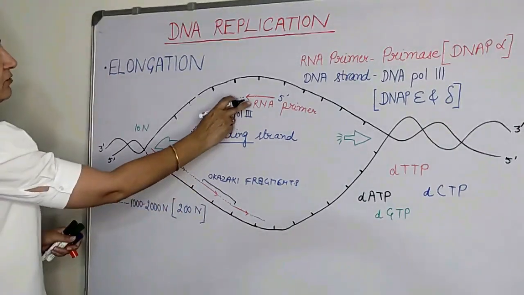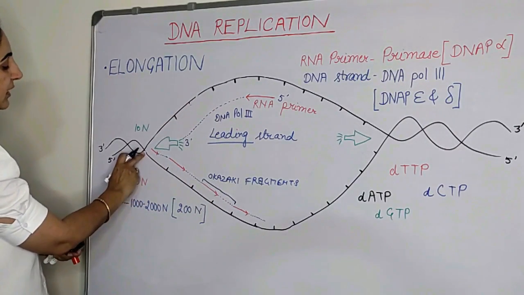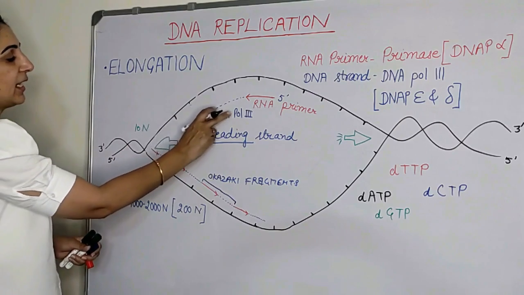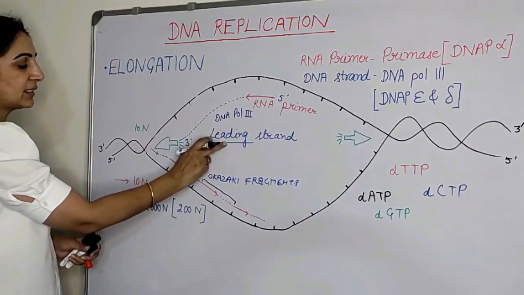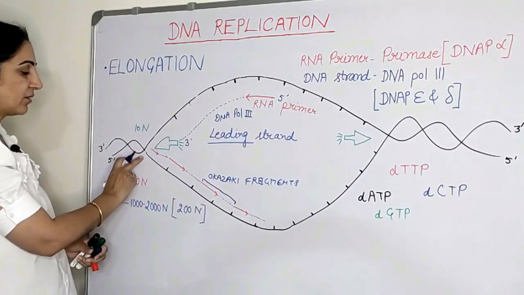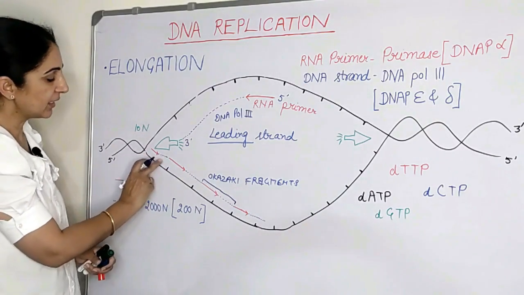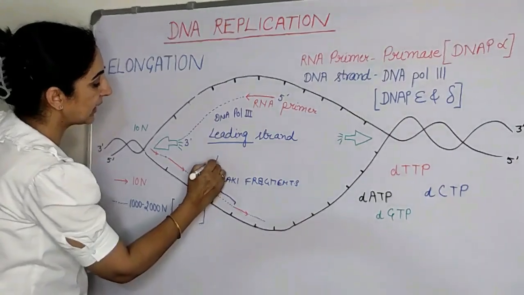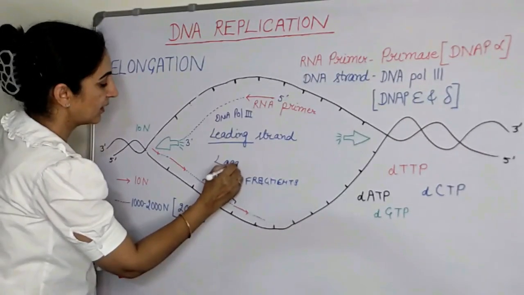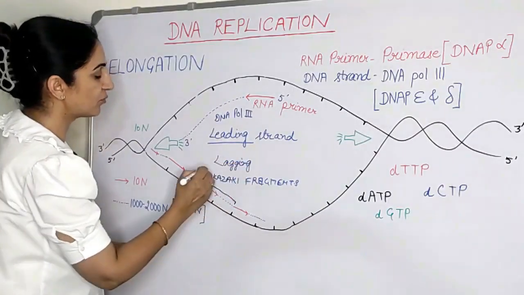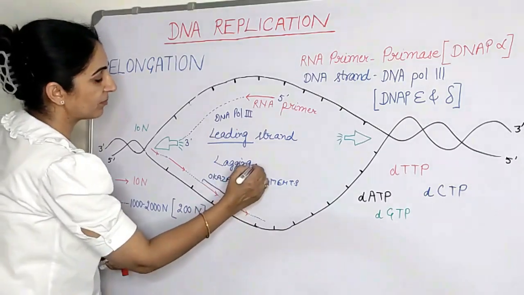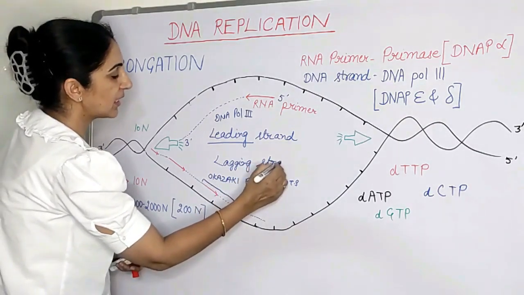The strand which is moving towards the unwinding portion is known as the leading strand, and the strand which is moving away from the portion getting unwound is known as the lagging strand. The lagging strand is made up of many Okazaki fragments. So this is our lagging strand.